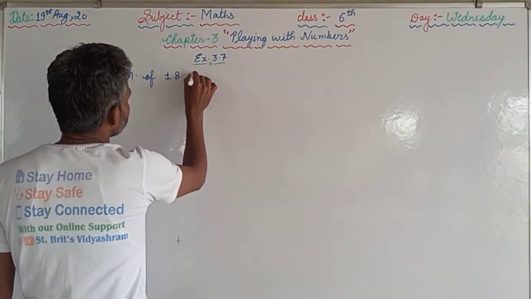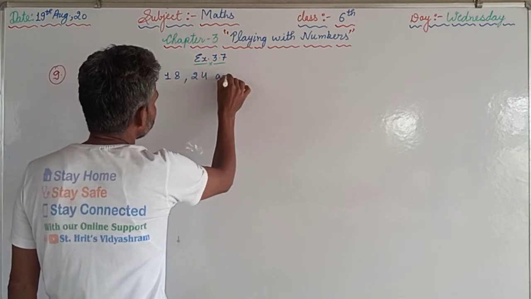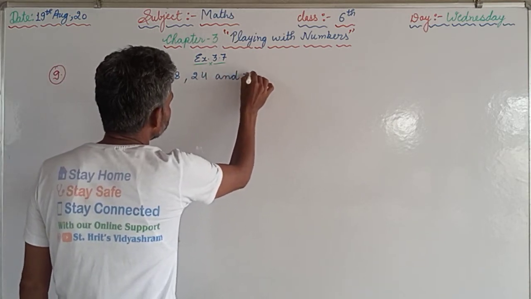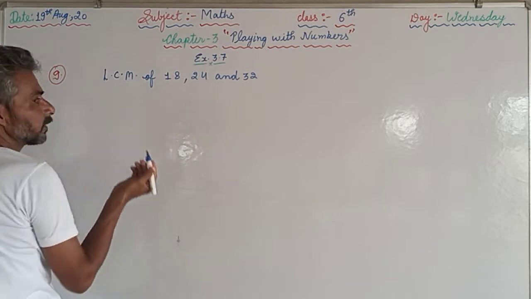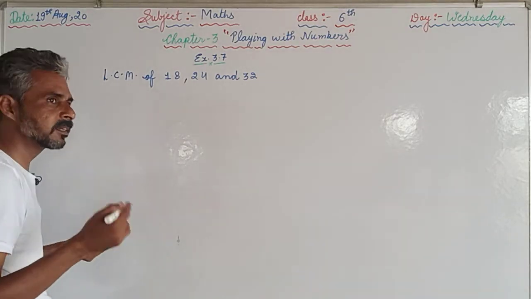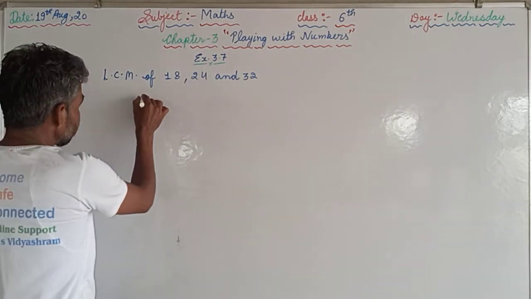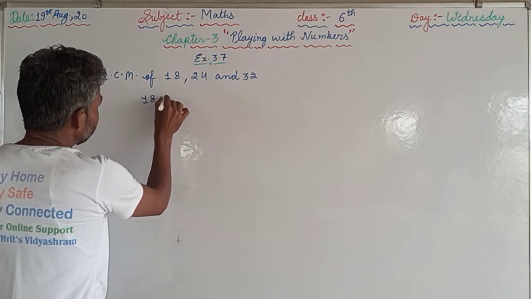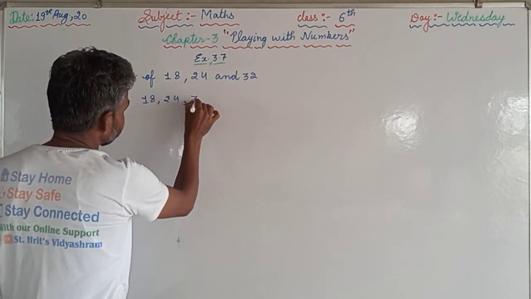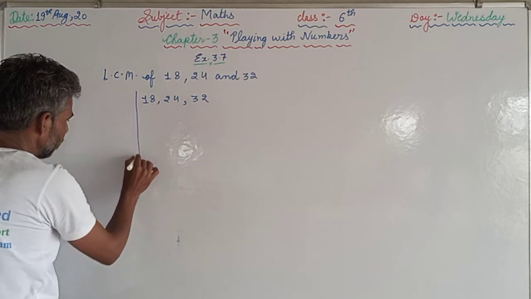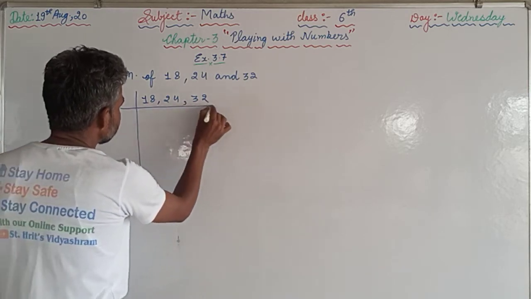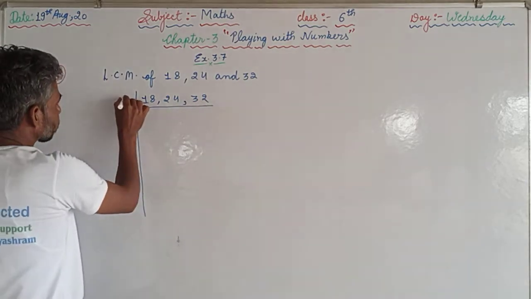For the LCM, we will use the simplest method, that is the division method. 18, 24 and 32. We will divide these numbers. We will start with 2.